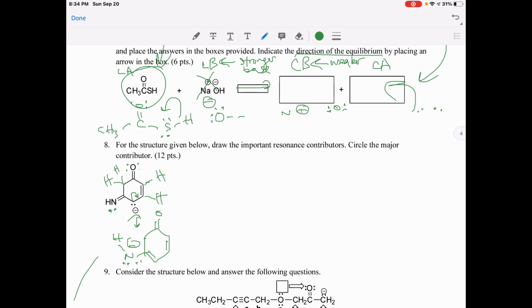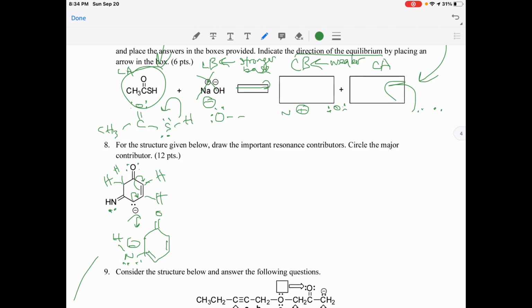is that once we move this lone pair to form a double bond, there are two possible ways this double bond can move. It can either move to the carbon that's above it, or to the next bond to form a double bond. Let's start off with the first path.